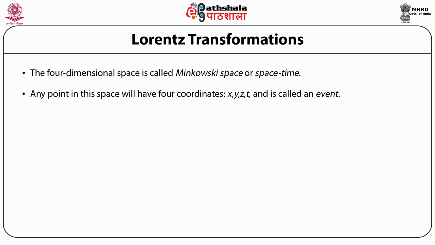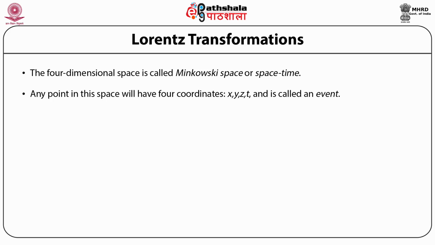In particular, they define the transformation of the x, y, z and t coordinates from one frame of reference into another frame of reference, where these two frames of reference, it is very important to note, are both inertial frames of reference.